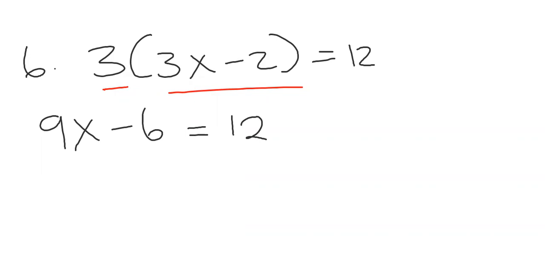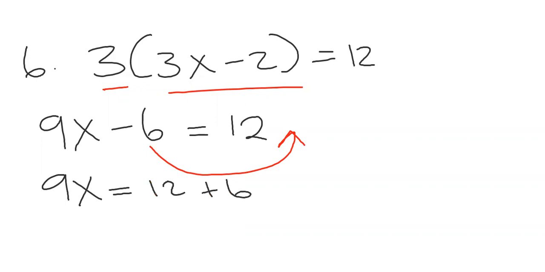Then the next thing, collect like terms. Take the 6 to that side. Then rewrite your expression: you now have 9x is equal to 12 plus 6, so 9x is equal to 18. Remember, we are looking for the value of x, not the value of 9x.